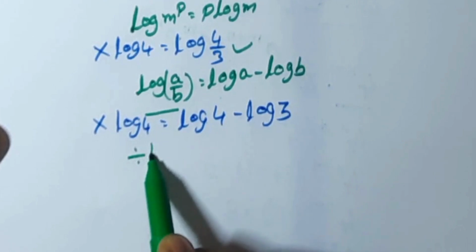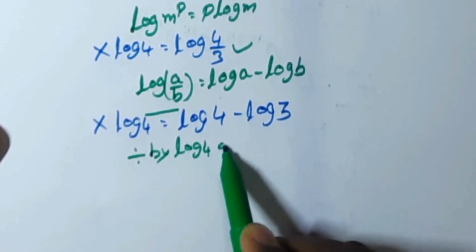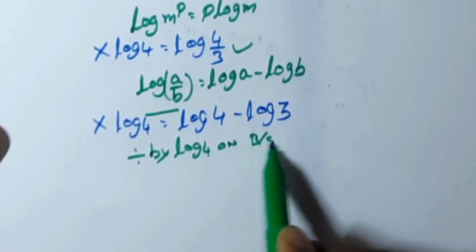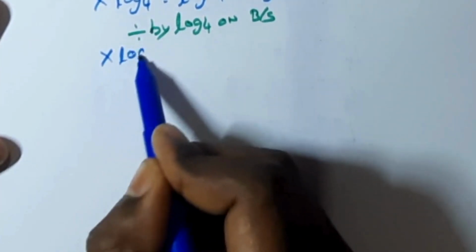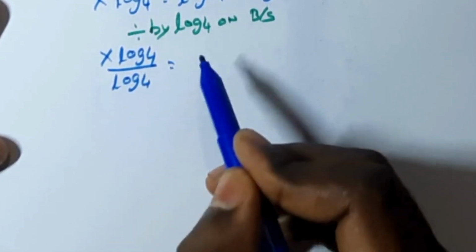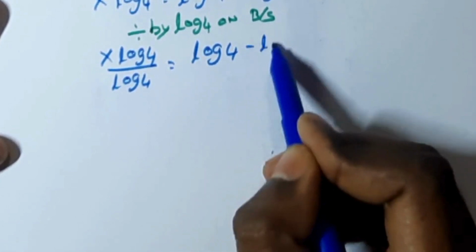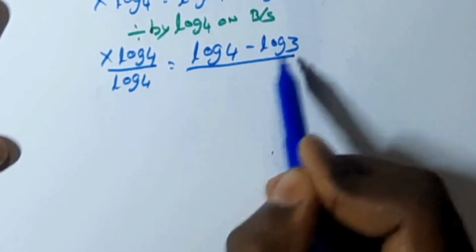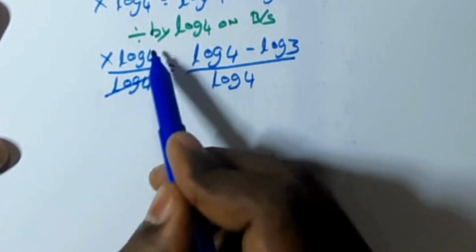Divide by log 4 on both sides. x log 4 by log 4 equal to (log 4 minus log 3) by log 4. This log 4 cancels this.